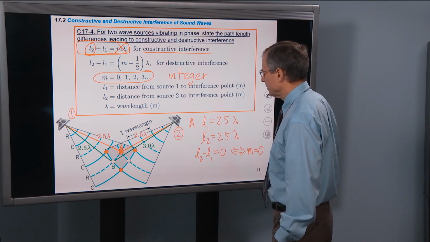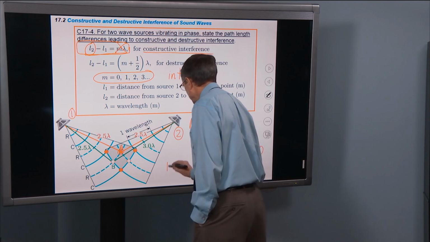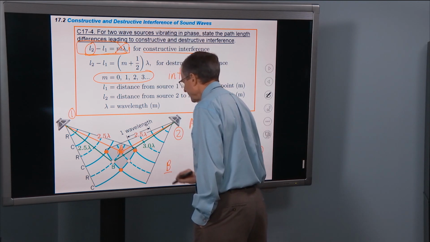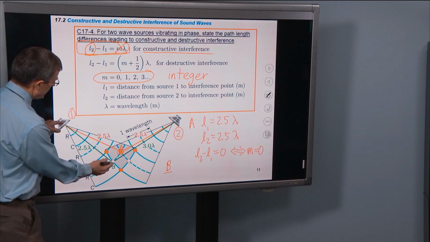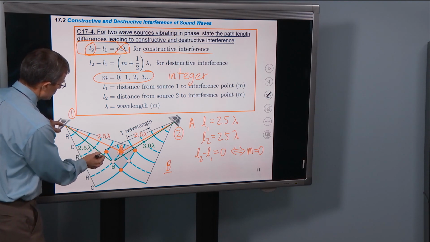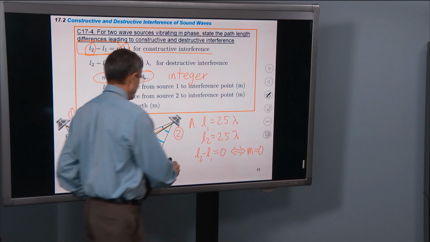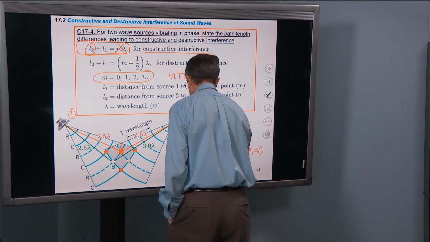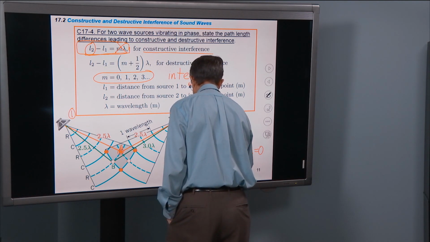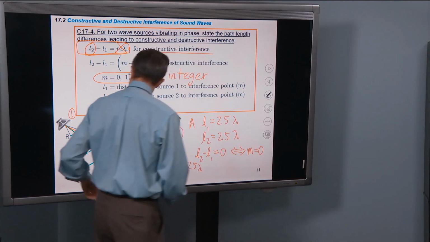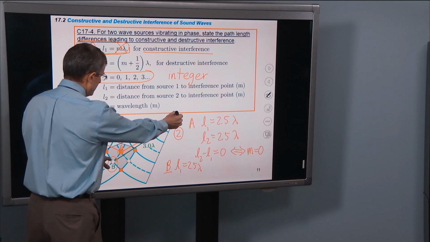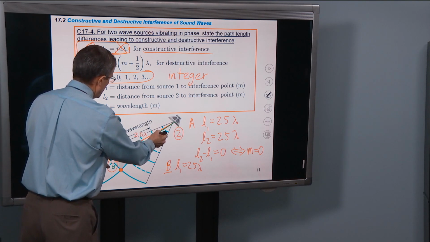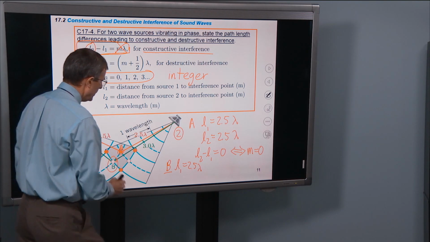Let's take another example. Let's look at point B. So at this point, L1 is 2.5 wavelengths. And again at point B, the distance from L2 to point B is 3 wavelengths.